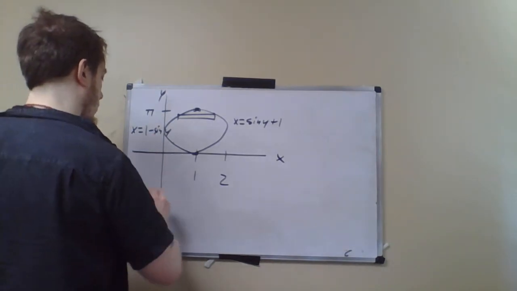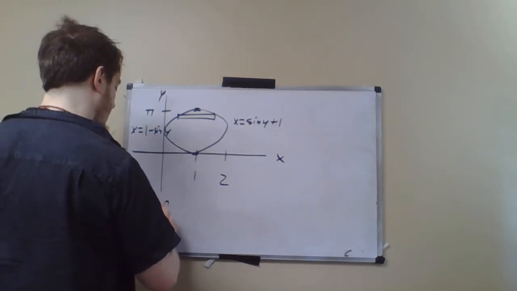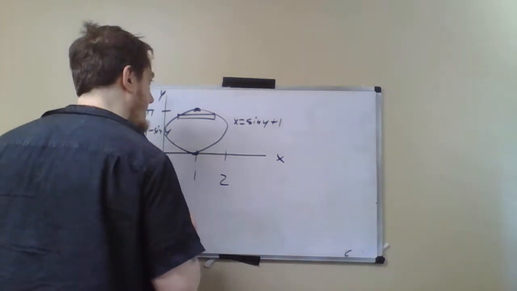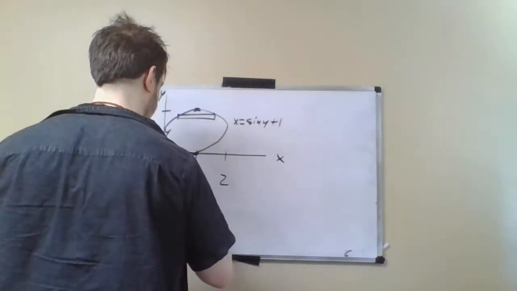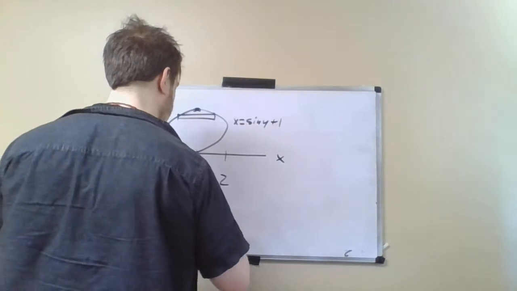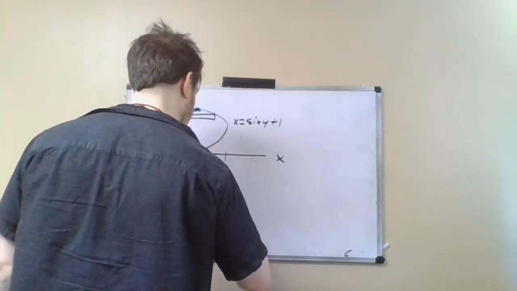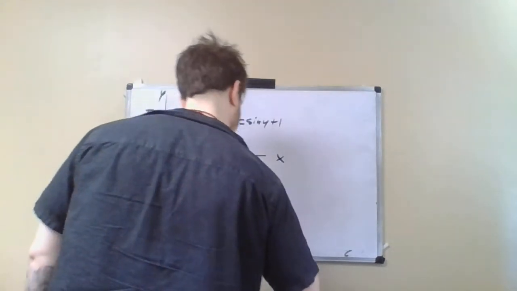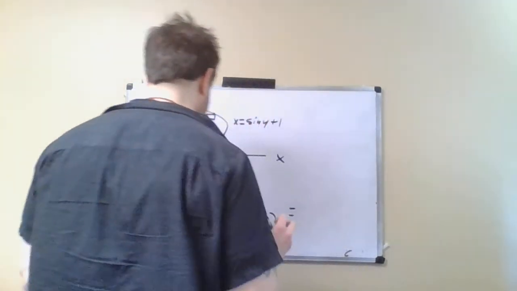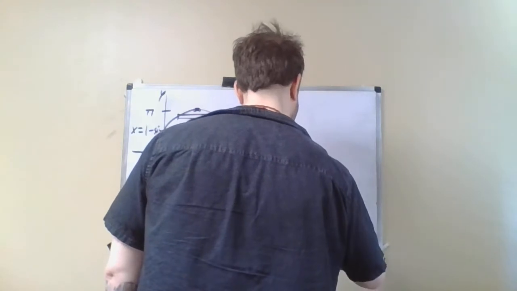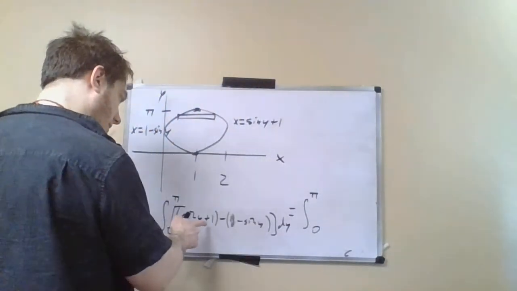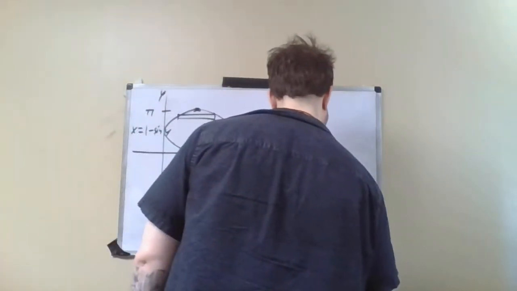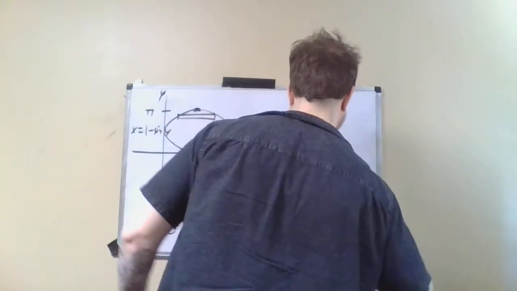And so what I can do is set this up as the integral from 0 up to pi of sine y plus 1 minus 1 minus sine y, all of that with a dy on it, and that just becomes the integral from 0 up to pi of, the ones cancel, the sines combine to give me 2 sine y dy.